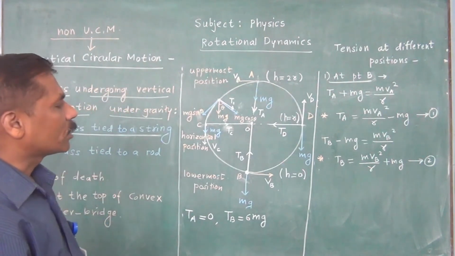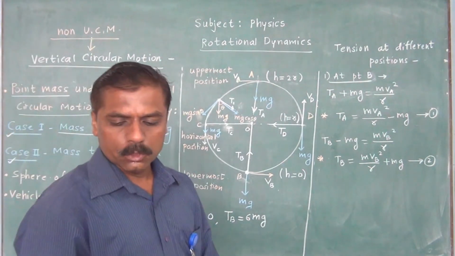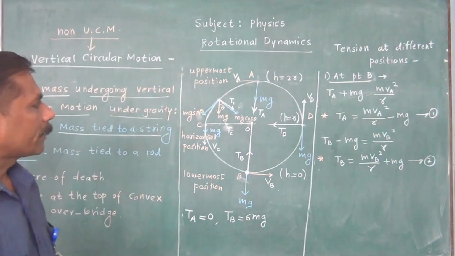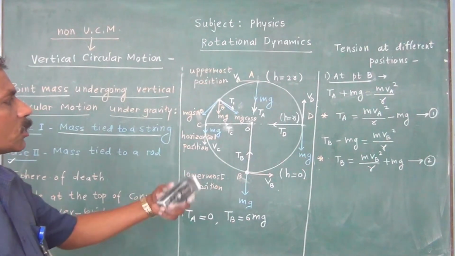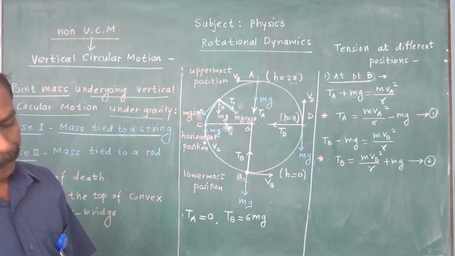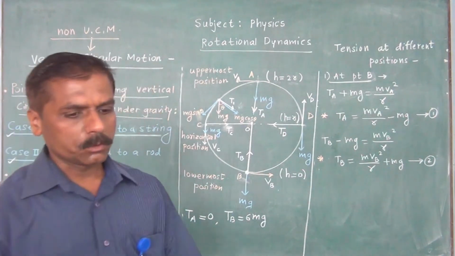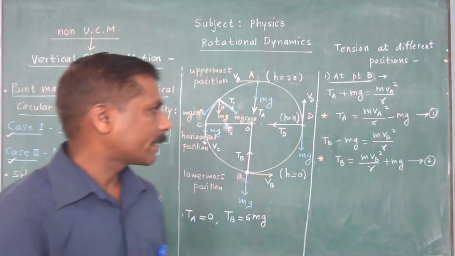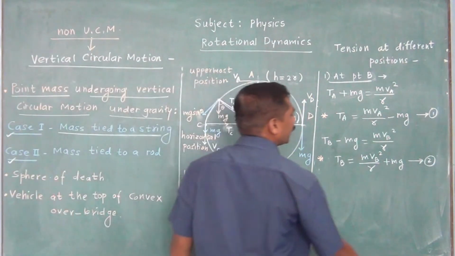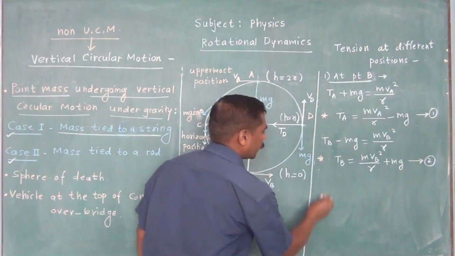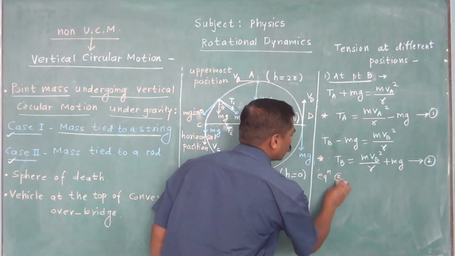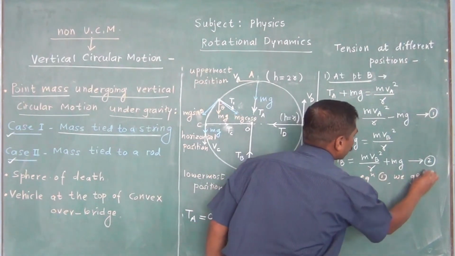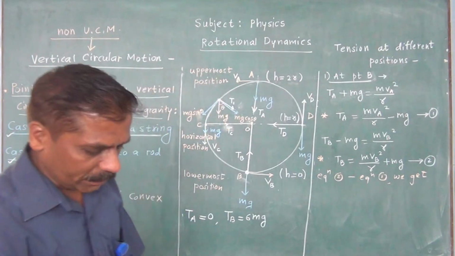So you have equations 1 and 2, and with the help of these two equations we can show that TB is equal to 6 times mg. From these two equations we can take the difference, that is the tension at B and the tension at A, means subtracting equation 1 from 2. So we get equation 2 minus equation 1.